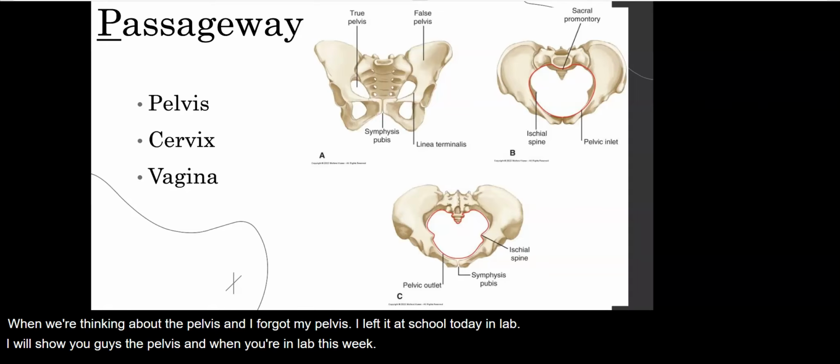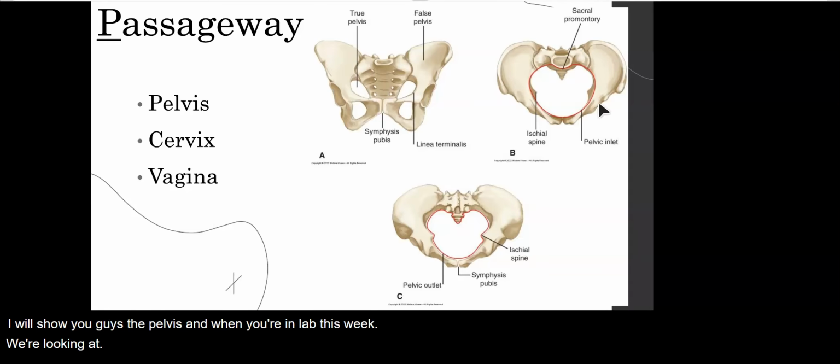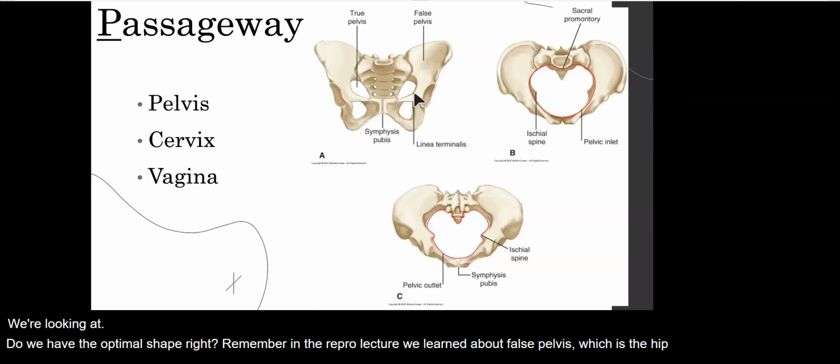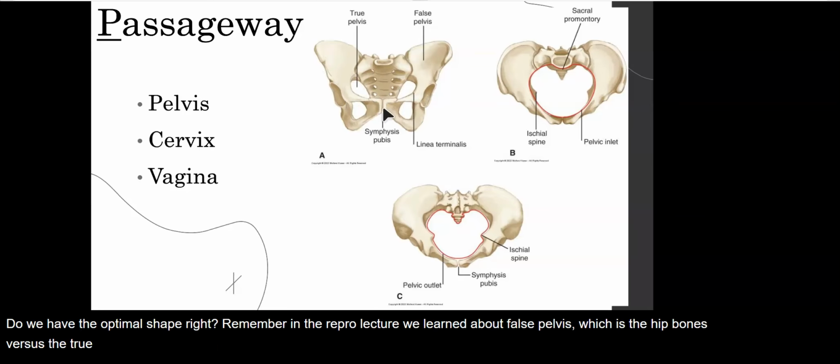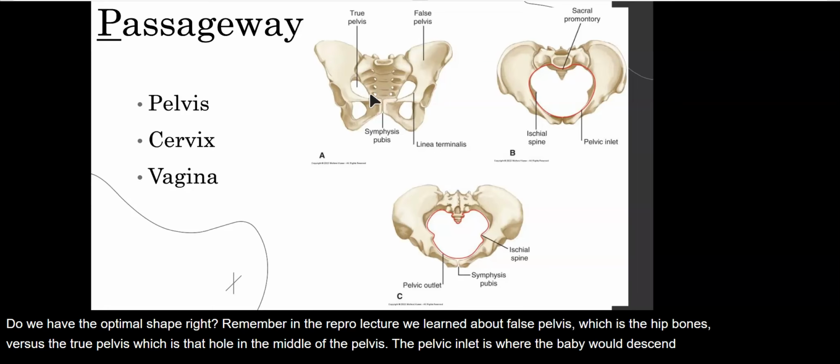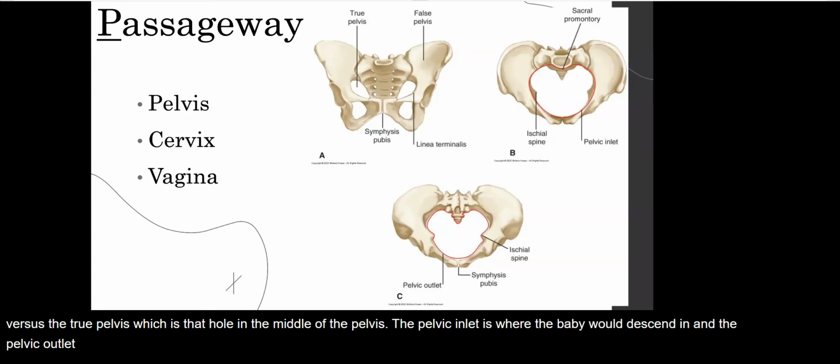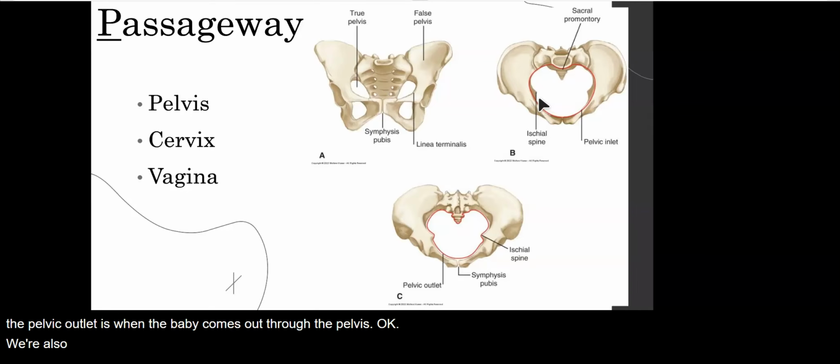We're looking at, do we have the optimal shape, right? Remember in the repro lecture, we learned about false pelvis, which is the hip bones, versus the true pelvis, which is that hole in the middle of the pelvis. The pelvic inlet is where the baby would descend in, and the pelvic outlet is where the baby comes out through the pelvis, okay? We're also looking at these little tiny bony prominences on the underside of the pelvis.